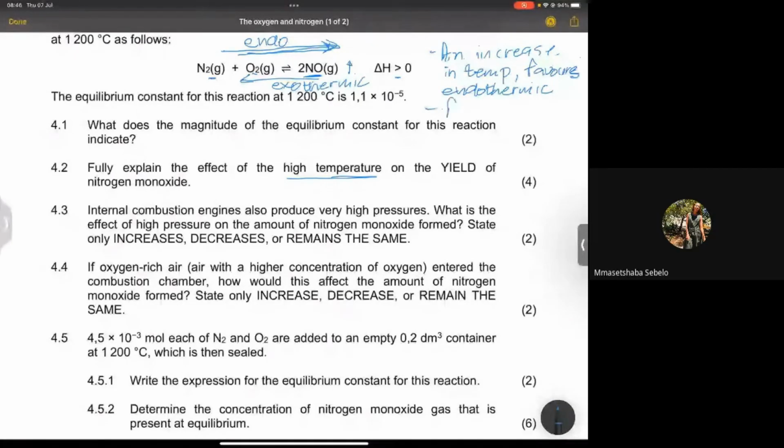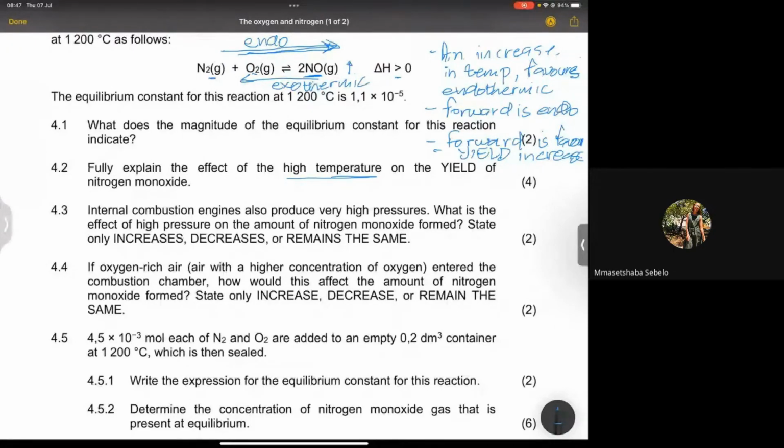The forward reaction is endothermic. So what does that mean? It means that the forward reaction will be favored, and so the yield will increase. So that is how we'll explain it. An increase in temperature favors the endothermic reaction, but we noted that the forward reaction is endothermic, so the forward reaction will be favored, and in this case our yield should increase.